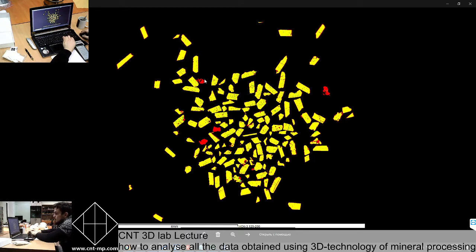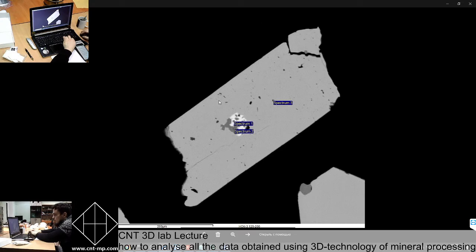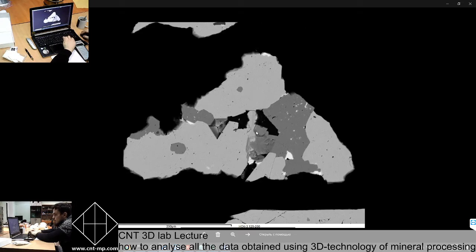This is color decoding from characteristic X-ray reactions. So we can see that each grain is analyzed for main phases. We can see at least three mineral phases.